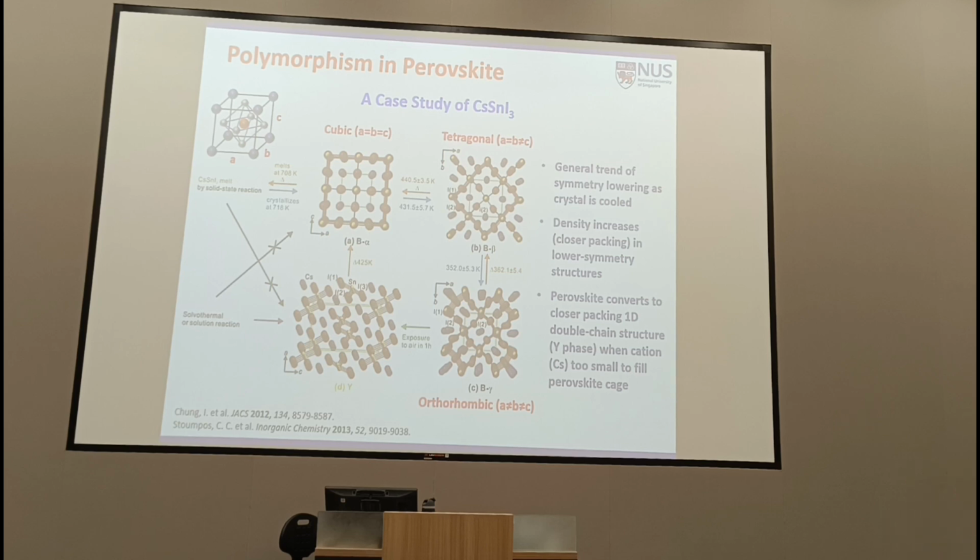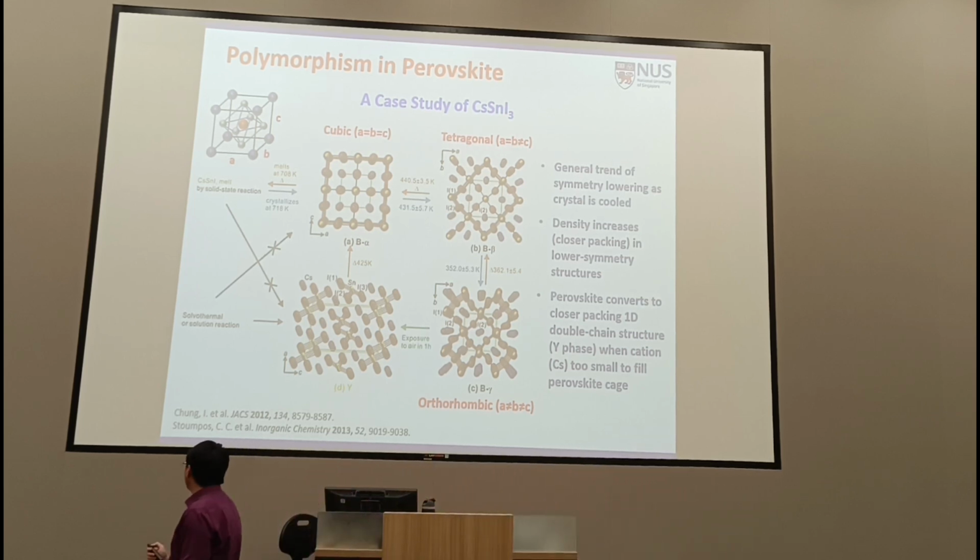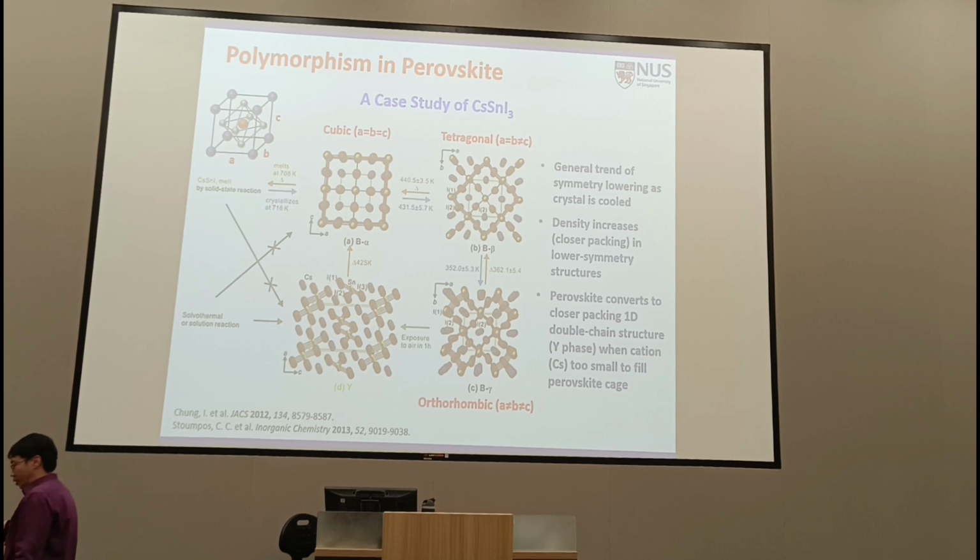So what happens is at high temperature, the perovskite is a cubic structure. You all know what a cube is, right? That means all the sides A, B, C have equal length. It's just a perfect cube at high temperature. But as I said, there's this concept of polymorphism.